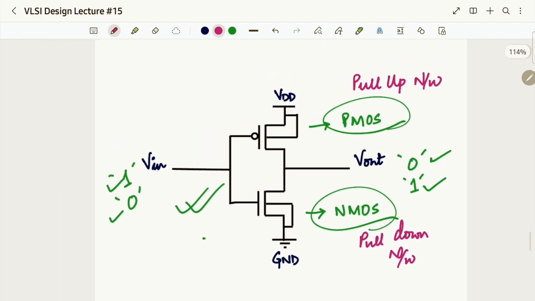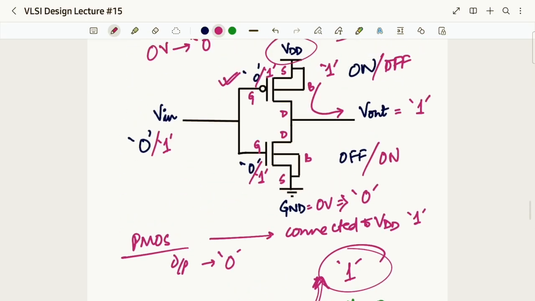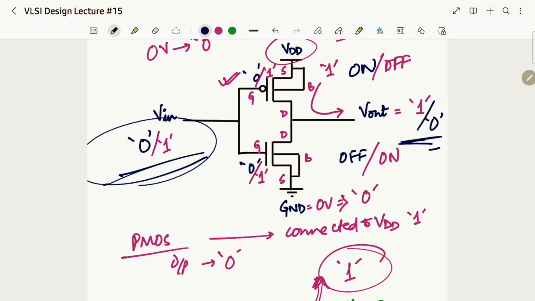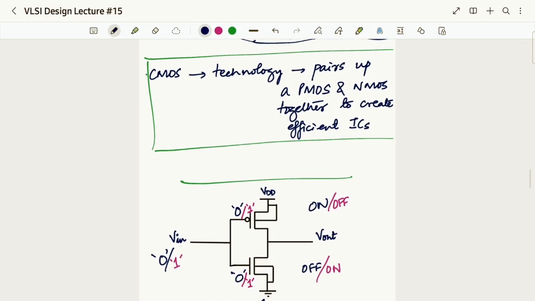Okay, and because of this pulling down to the zero level, I am getting what as the output? Zero logic. So now we have successfully inverted our input in our output region. So this is how a CMOS inverter works.